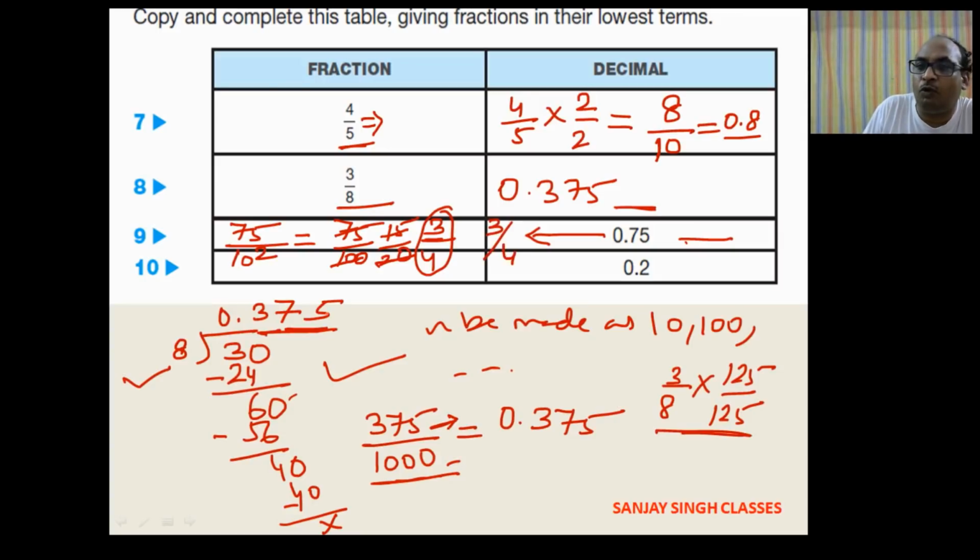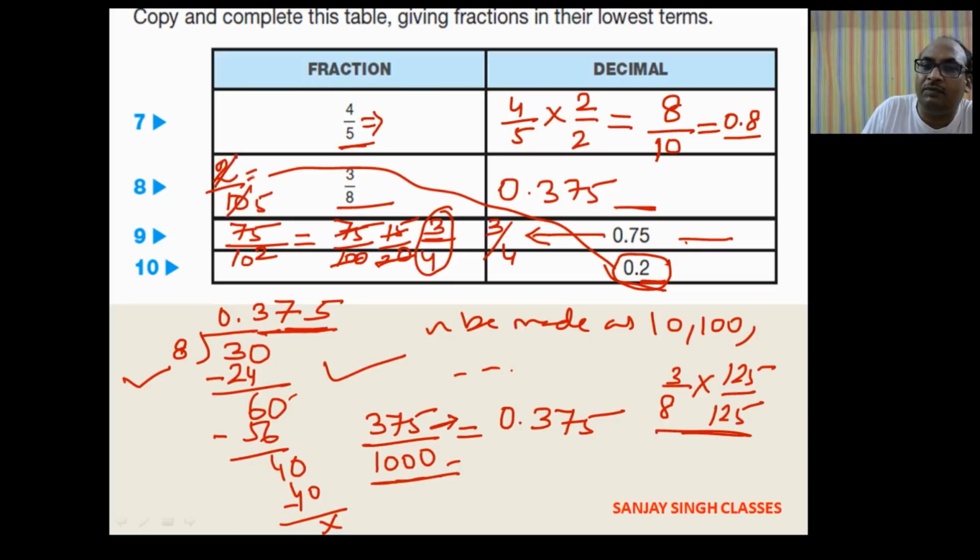Similarly for 0.2, I will be solving here. This 0.2, if we write it, will become 2 by 10, because after the decimal only one digit is there, so it will become 10 to the power 1, that is 10. Then we cancel this 2 and this 10 with 5.